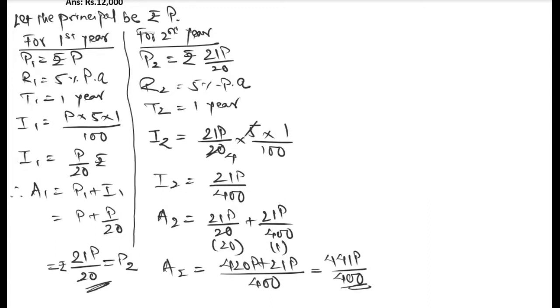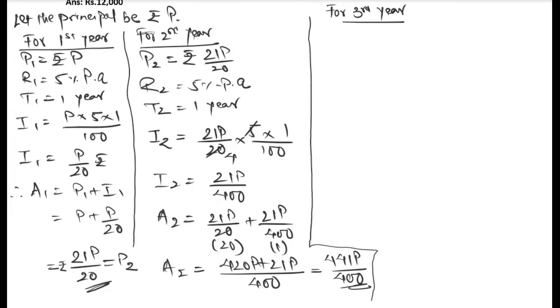Remember, in the question they have asked us to find the difference between the interest of the first year and the third year. So we have to do calculation for third year as well. So for third year, P3 will be 441p upon 400. R3 will be 5% per annum. T3 will be 1 year.